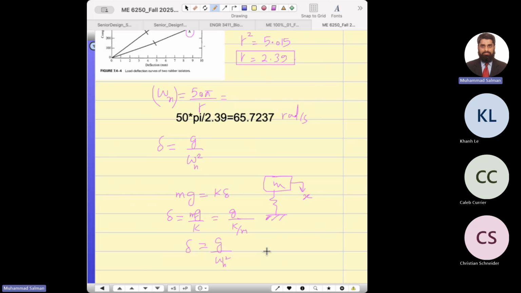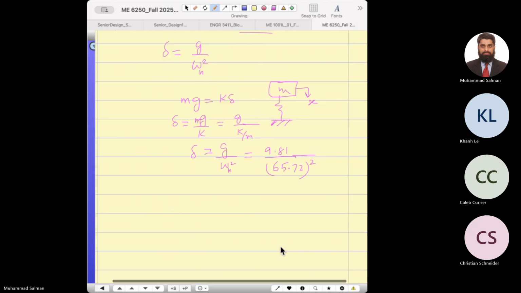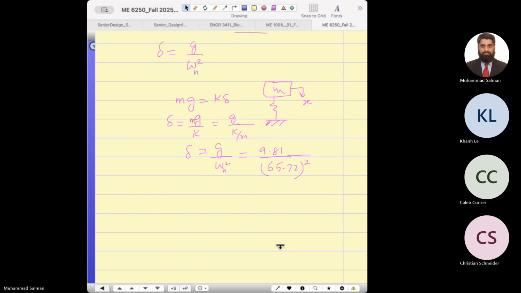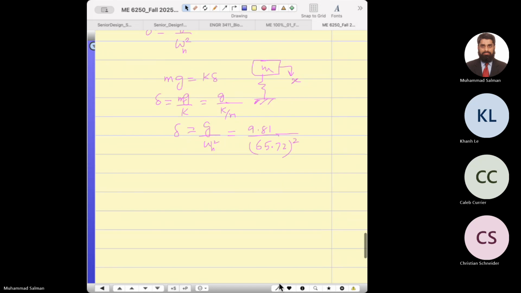So the delta is, if you plug in this value, which is g, 9.81, and omega n, 65.72 whole squared.